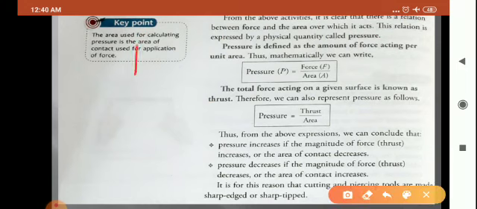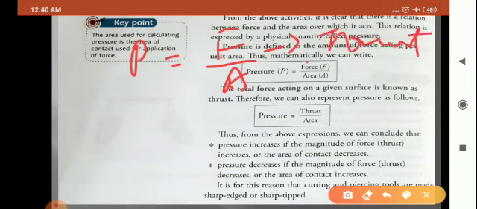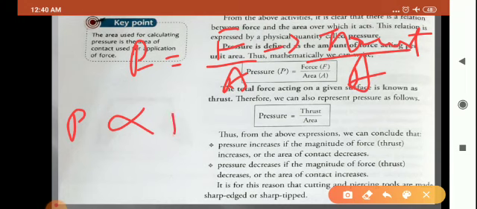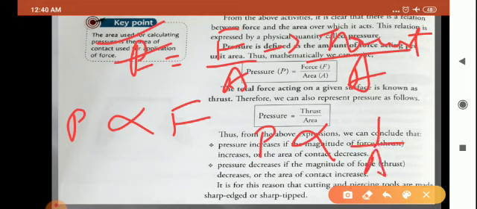Now I will tell you this thing very clearly. Since you know the formula, pressure is equal to force upon area, instead of force, you can also write thrust upon area. So pressure is here directly proportional to force, and this same pressure is inversely proportional to area of contact.